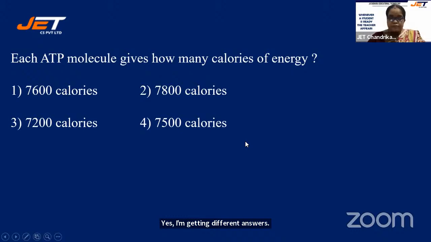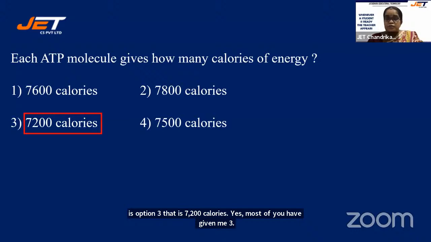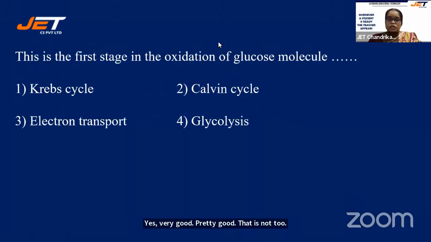So we'll see the answer. It is option 3, that is 7,200 calories. Most of you have given me 3. Bhavana, Kaja, Saivardhan, Srinidhi, Riya Nayak, very good. Preetika, it is not 2, it is 3. Let us move to the next question.